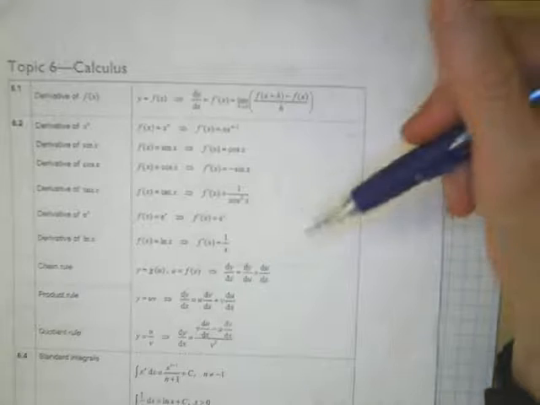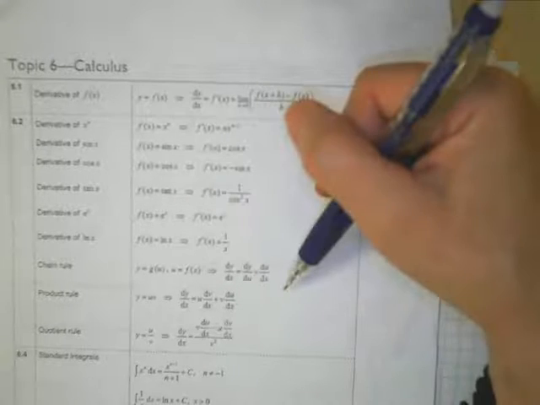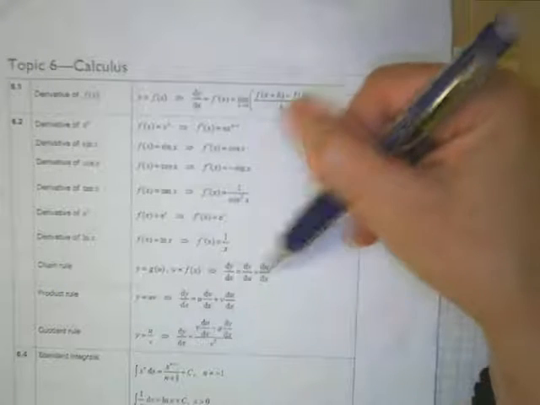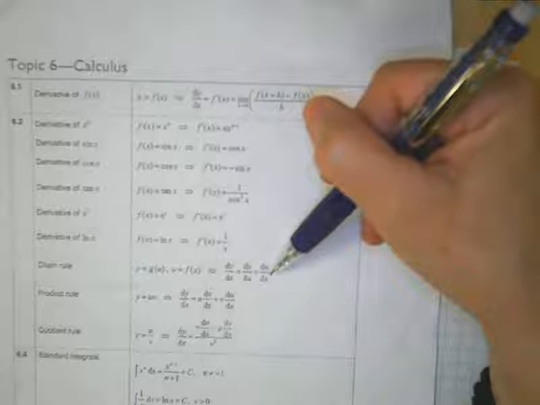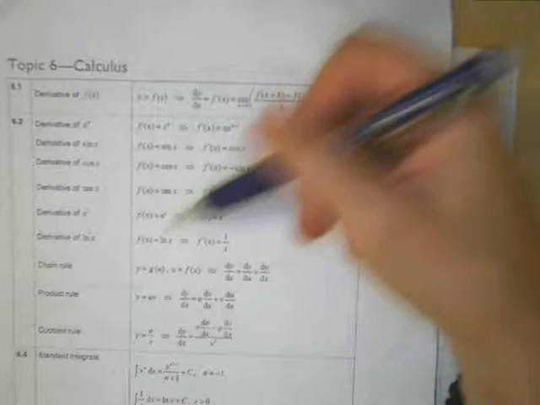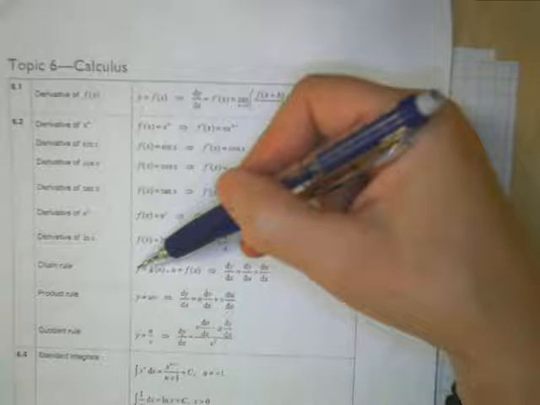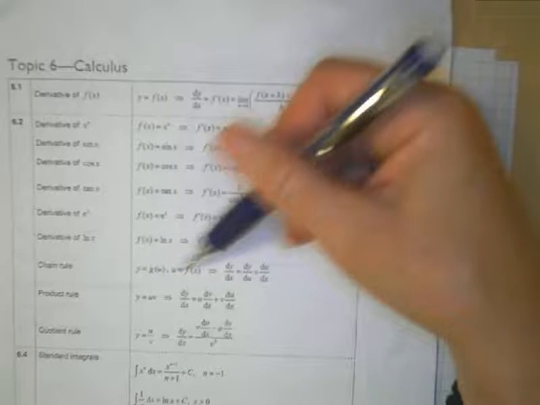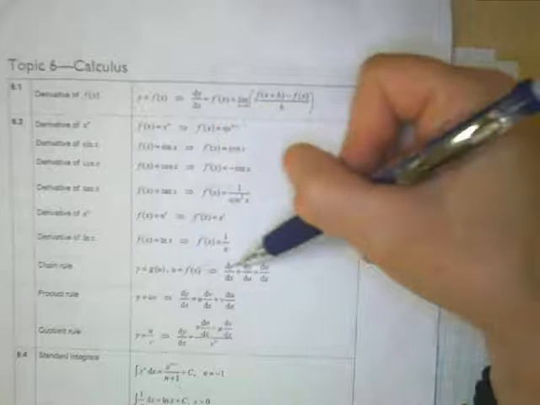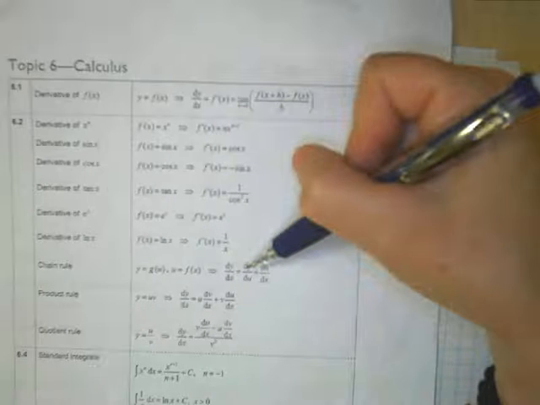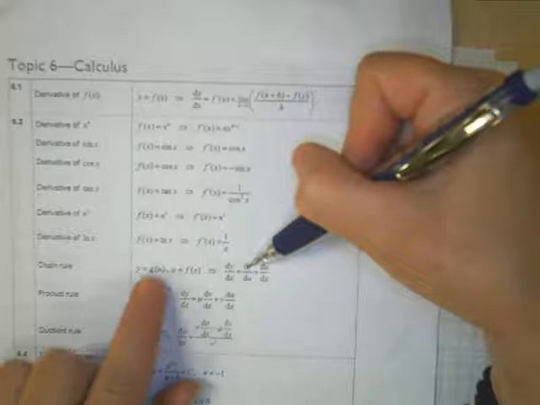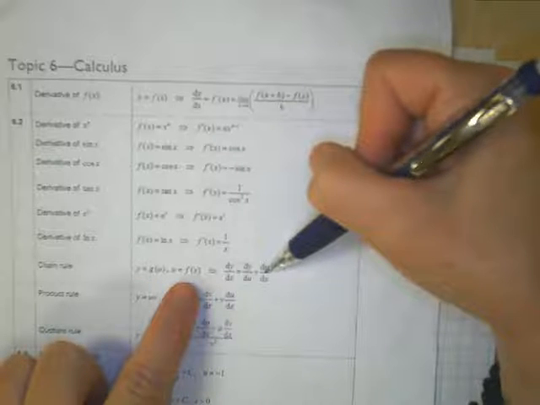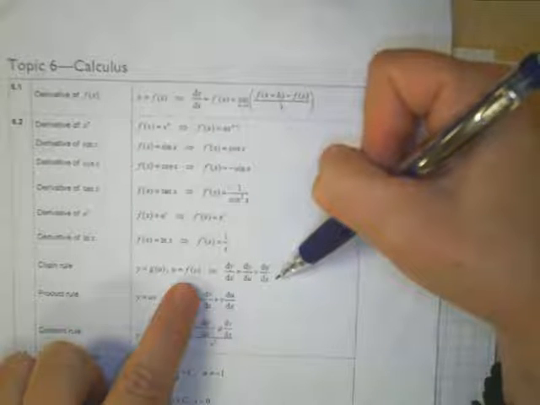Okay, so if you look at these and you go, oh my God, these are insane, what are these saying? Just remember that if you have a function that is a composite function, so it's a function inside of a function, you can get the derivative by taking the derivative of g of x and f of x and multiplying them together. Okay, so if it's a composite, a function inside of a function.